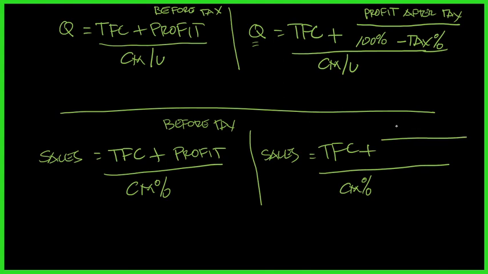Anyway, we are going to gross up your profit after tax: profit after tax divided by 100% minus your tax rate.